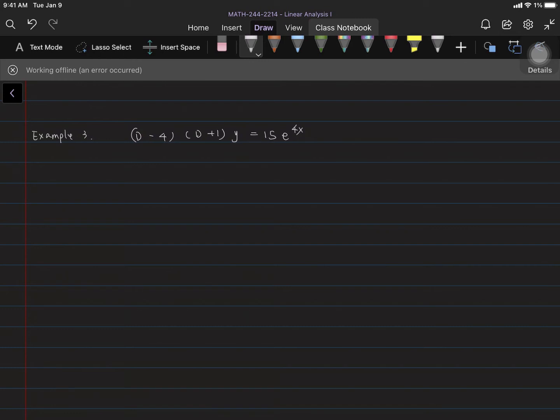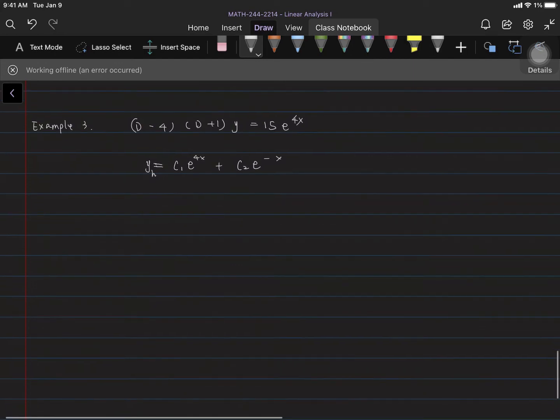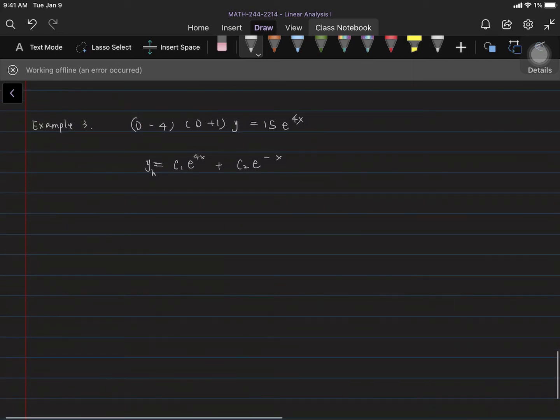Find the general solution corresponding to the homogeneous equation. So the general solution corresponding to the homogeneous should be C1 e to the 4x plus C2 e to the negative x. Right, first step. Okay, this is the solution to the homogeneous; we write this as YH. Okay, and next we find the annihilator.